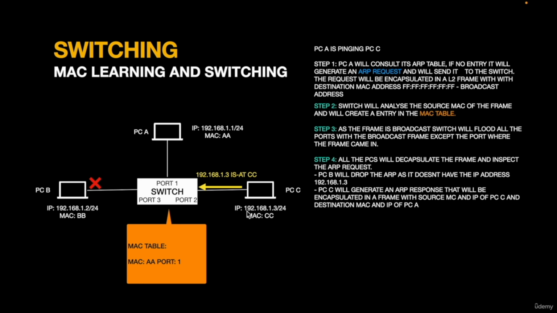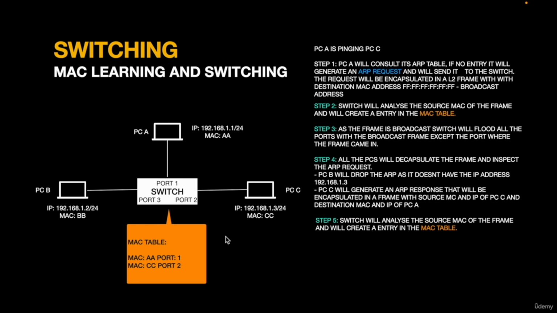So it says that PC C has the MAC address of CC. The ARP reply will arrive at the switch. The switch will add an entry in the MAC table, and now it knows that in order to reach PC C, the traffic should exit via port 2.